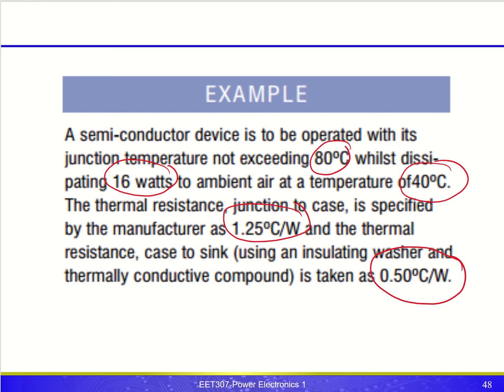Okay, so what are the important parameters that we have? For the first, we have the TJ, the value of the TJ is equal to 80 degrees Celsius.